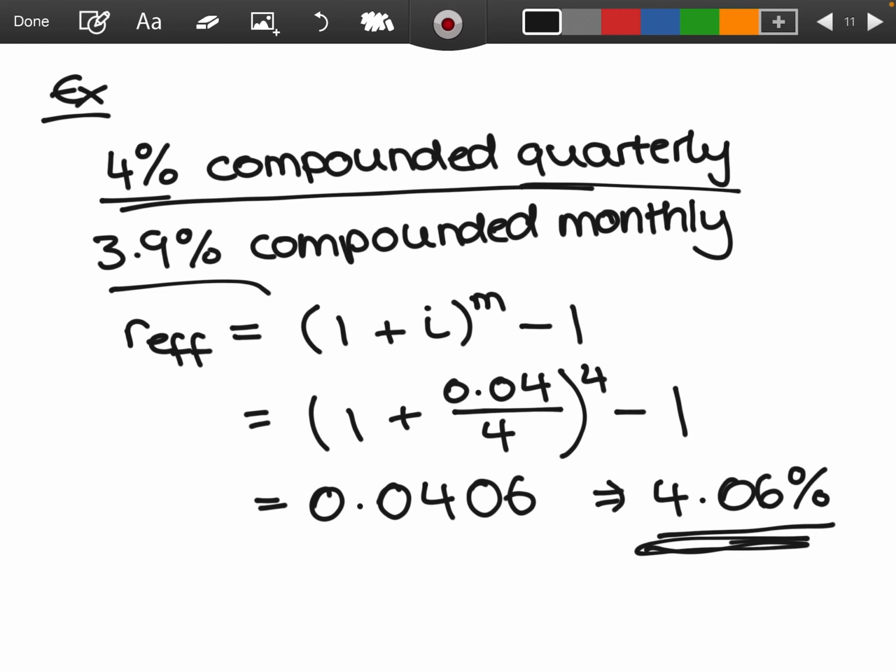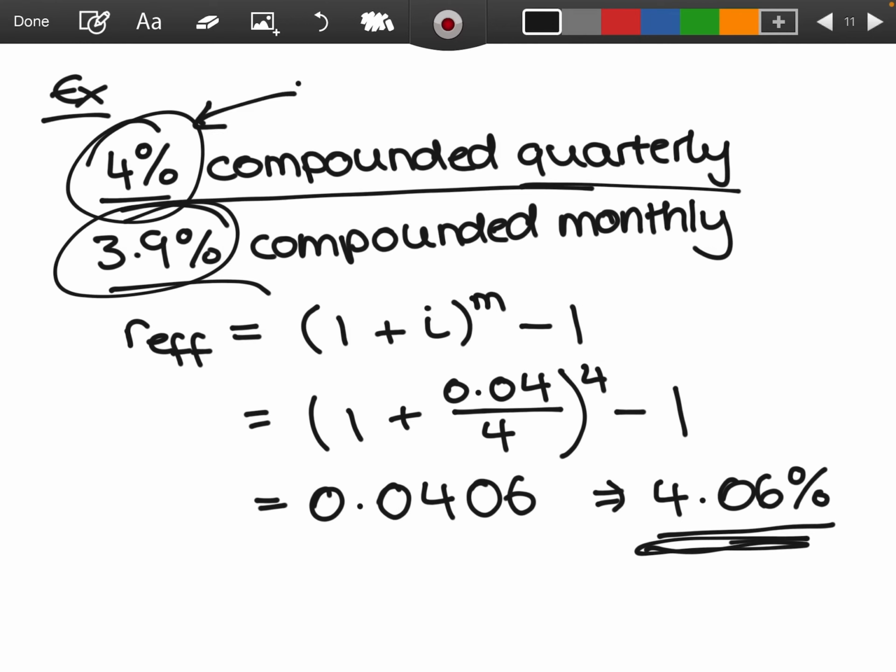So this is always a great way to compare two accounts, is to find out what that simple interest rate is for each one. So you turn your compound interest rate into a simple interest rate, and that is what the effective interest is.